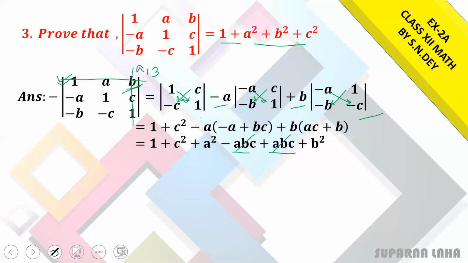So these two terms will cancel, and plus B square. So the answer looks like 1 plus A square plus B square plus C square. And what is this? This is the RHS portion. So that means we proved it.